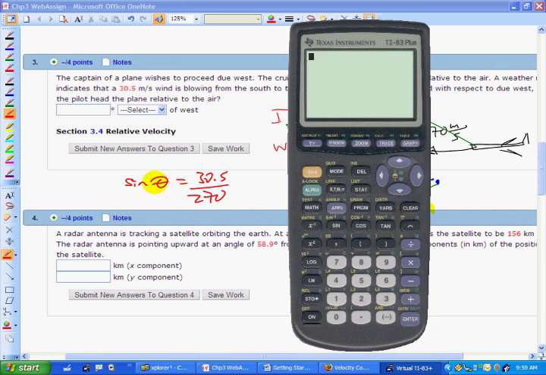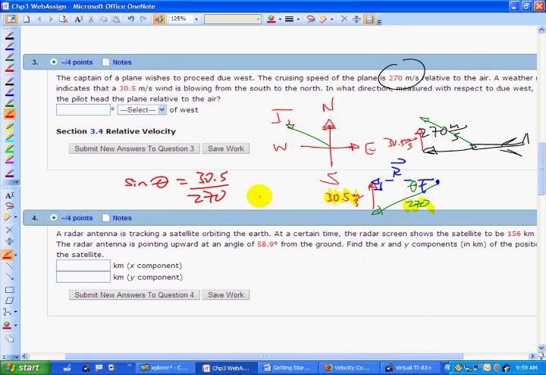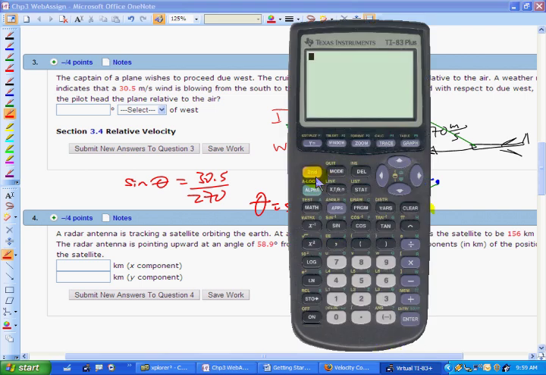Theta will just be sine to the negative first of 30.5 over 270. So if I do the inverse sine of 30.5 divided by 270, I'll get my final answer of like 6.486. Let's give it 3 sig figs.